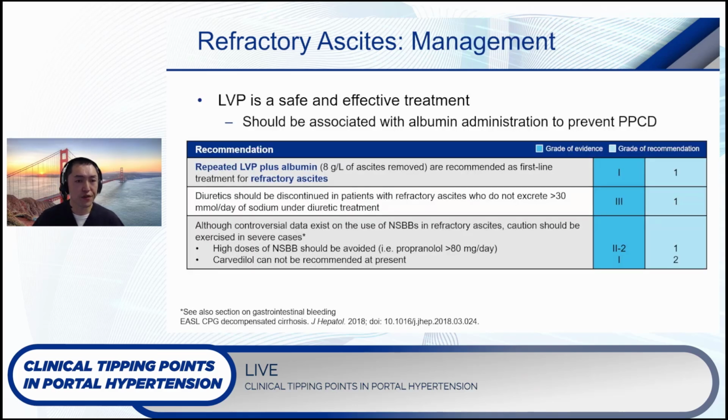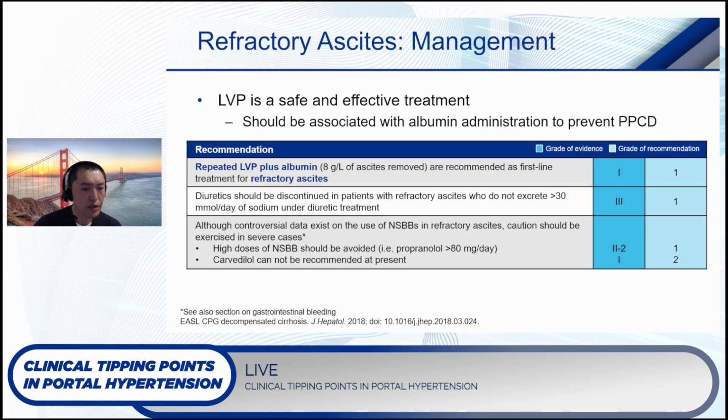In terms of refractory ascites, and these are pulled from the European EASL clinical practice guidelines, large volume paracentesis is safe and effective, but must be repleted with albumin to prevent some of the complications that we mentioned. Diuretics should be discontinued in those with refractory ascites who do not excrete adequate sodium because it's not helpful and would continue to contribute to complications.